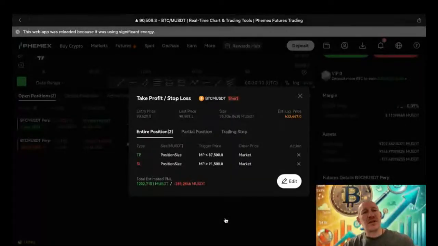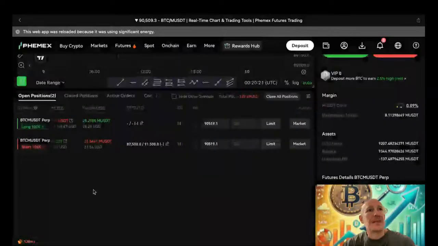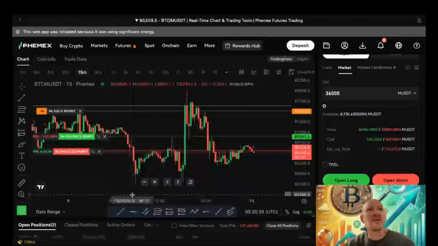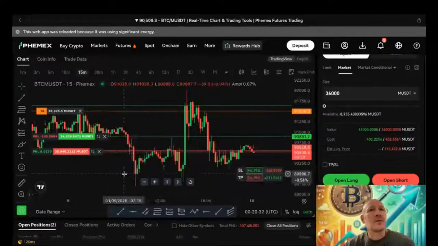That's a 1 to 3 risk to reward. Lose 4, make 12. I don't really like to subscribe to that because I like to buy on the red.